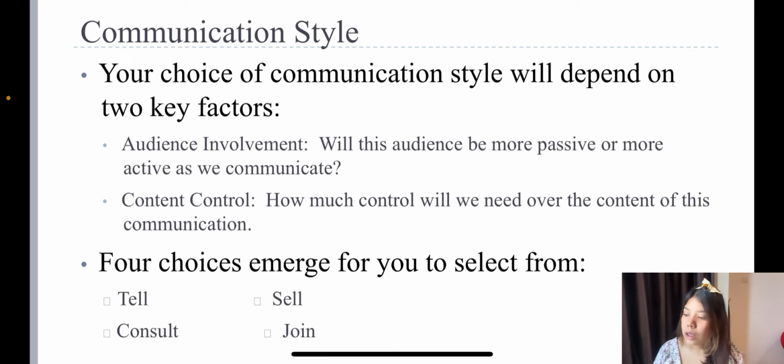Next is content control. Like, how much control will we need over the content of this communication? And then 4 choices emerge for you to select from. The first one is tell. The second one is consult. The third one is sell. The fourth one is join.